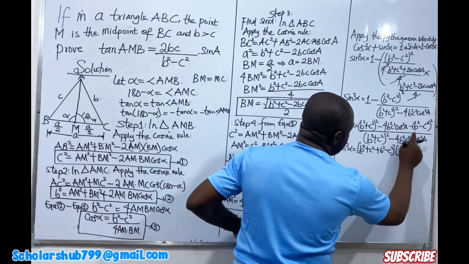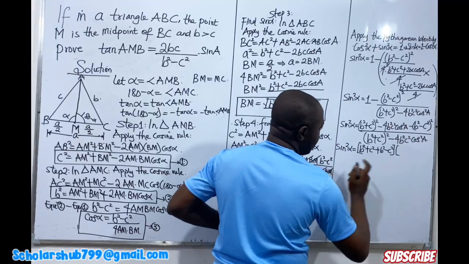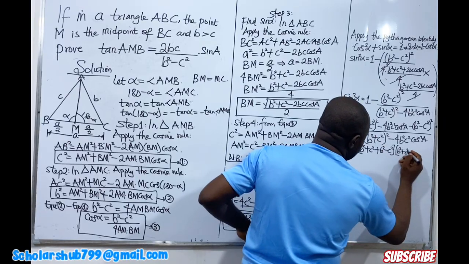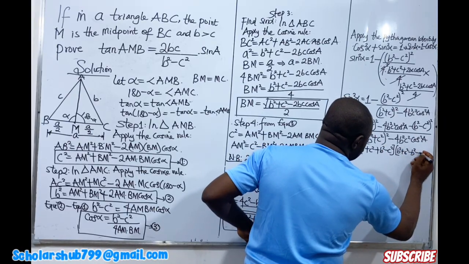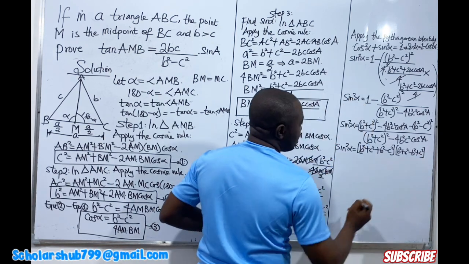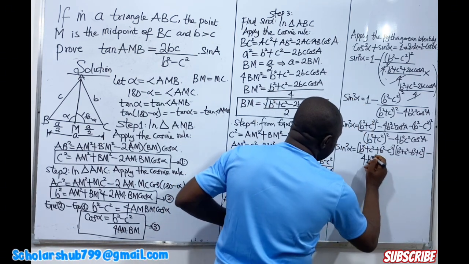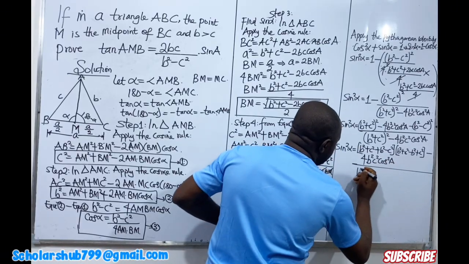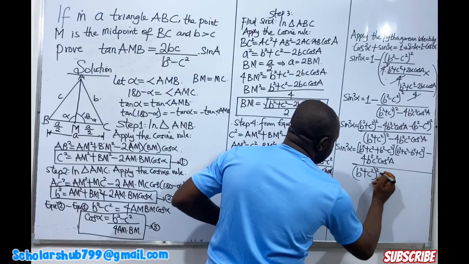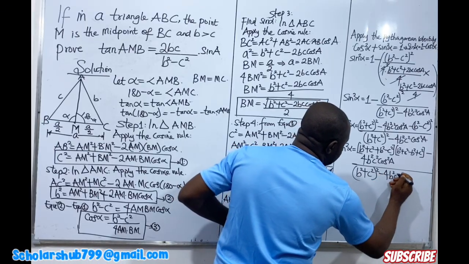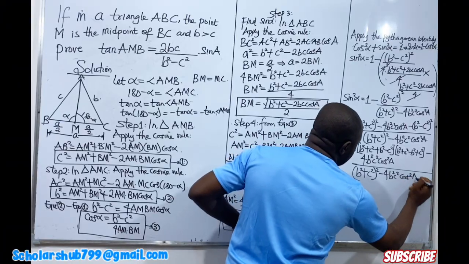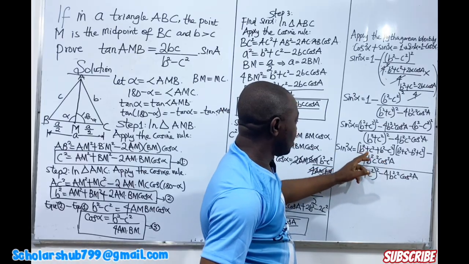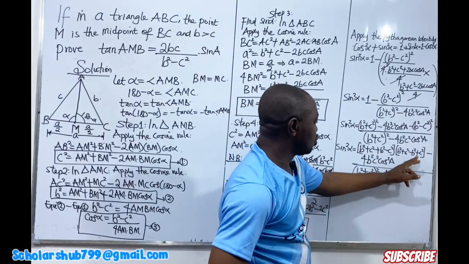Then multiply by, I'm doing difference of two squares, then also b squared plus c squared, the first one, then minus b squared, then this will be plus c squared, then minus 4b squared c squared cos squared a divided by b squared plus c squared raised to the power of 2, 4b squared c squared cos squared a. Okay, so in this case, this will be 2b squared. Okay, c squared minus c squared, that will be 0. This will be 2c squared.